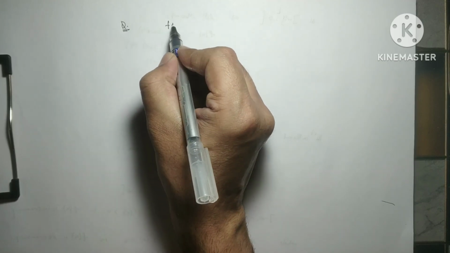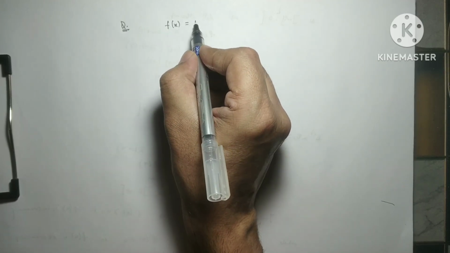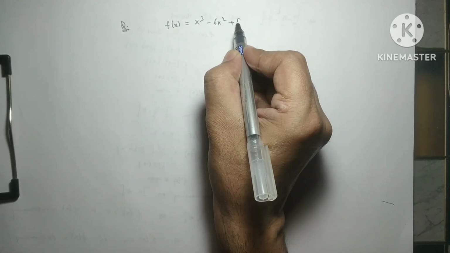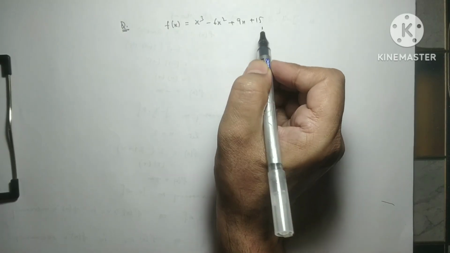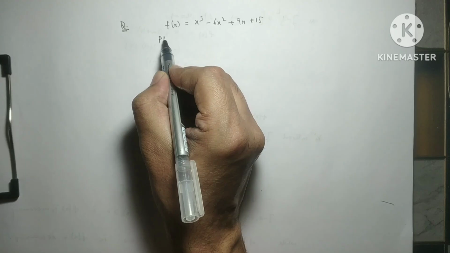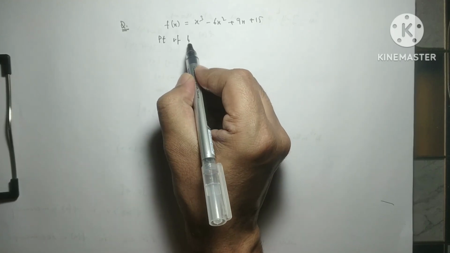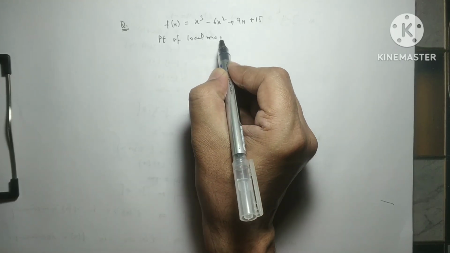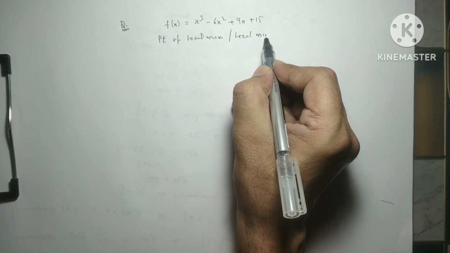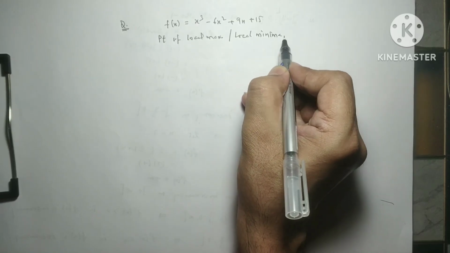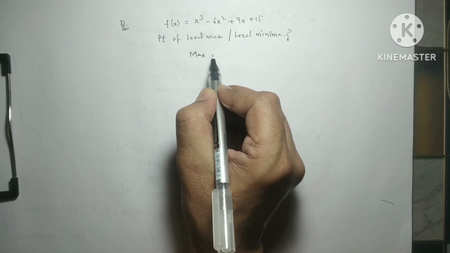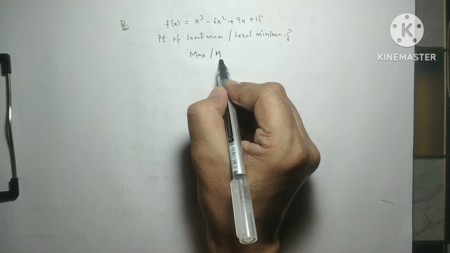We have an equation of curve f(x) equals x cube minus 6x square plus 9x plus 15. And the question is the same: find the point of local maxima or local minima, and maximum and minimum values.